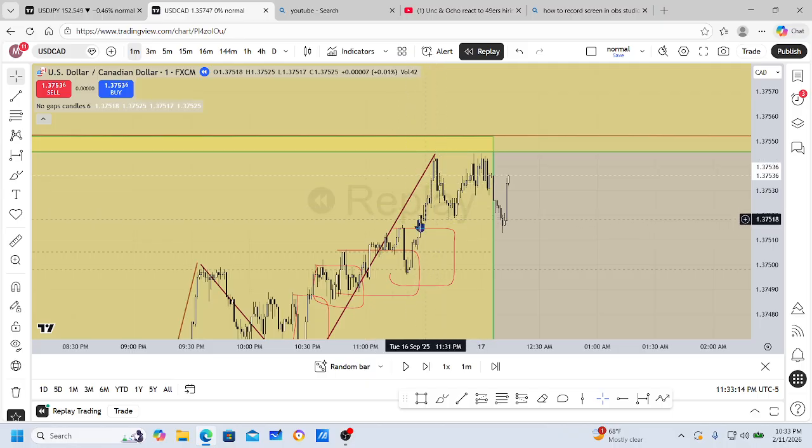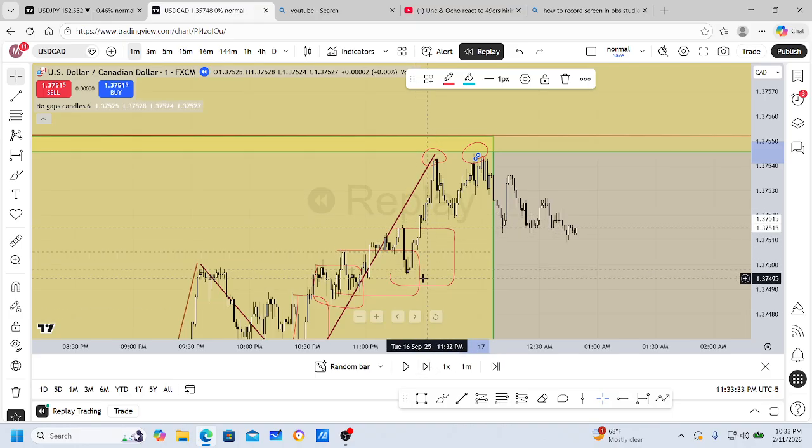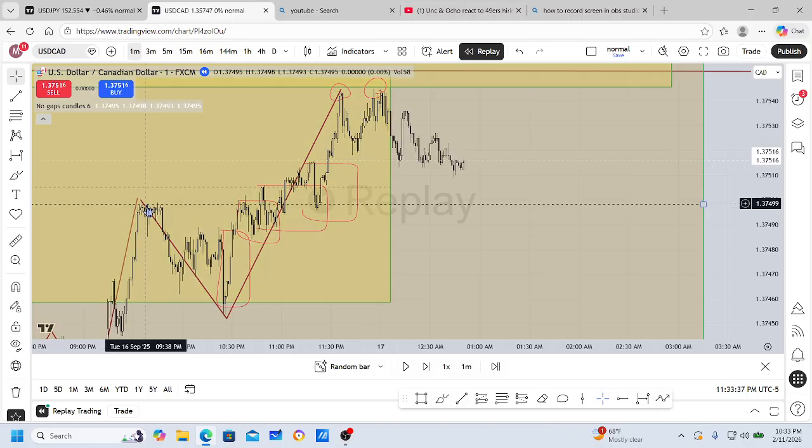But this low is not a part of structure, because this low did not put in a high, so this is equal highs which run the low, right? But you notice as soon as the swing count happened, it looked like price wanted to reverse. This low is protected as far as this swing, this time frame is concerned. This is a protected low, right?